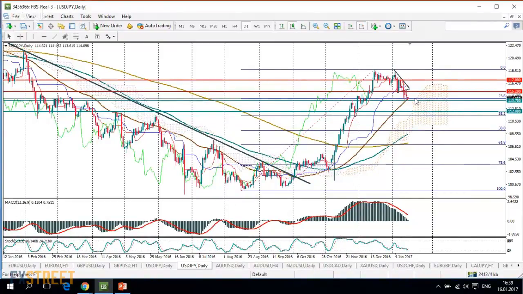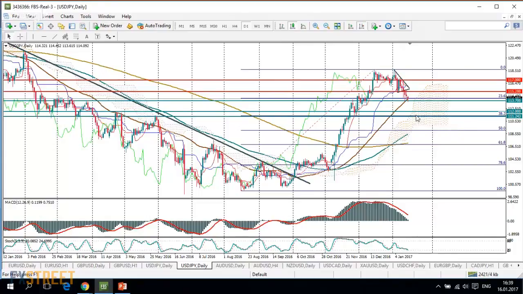You can see that the pair has retraced 23.6% Fibonacci to the downside, and the next stop, 38.2% Fibonacci, is located just near the 112 mark, in the area of 111.25.